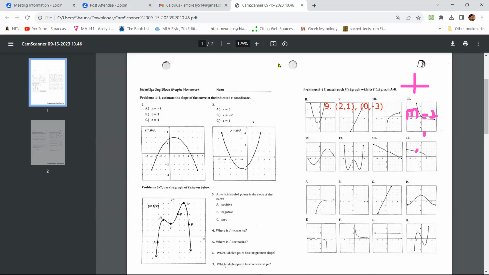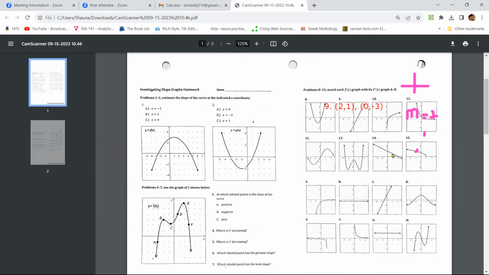So if you remember, number 8 was letter C, number 9 is G now, right? We did 12 and 13, okay?